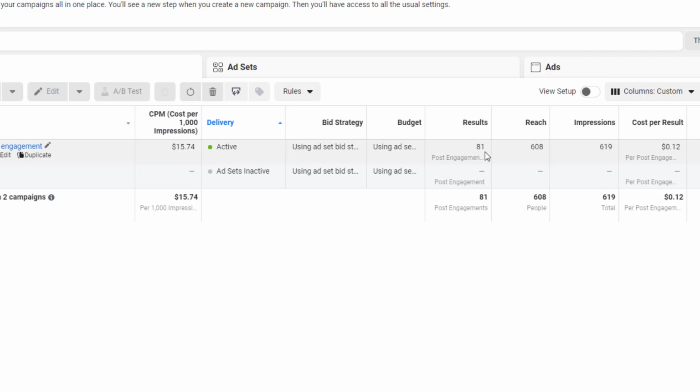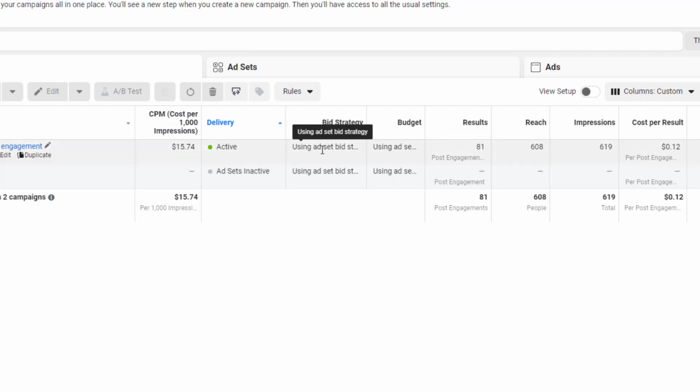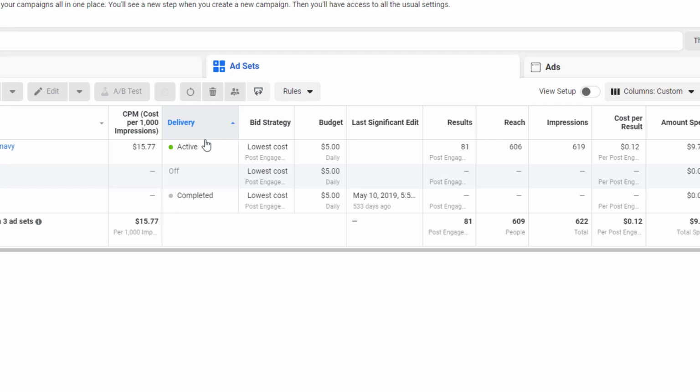I'll just keep this running, and hopefully when I continue to run, this CPM might actually go down. One thing to keep in mind is that it took quite a while to get through the learning phase. I think it took about 50 post engagements to get past the learning phase, and now it's in active phase.